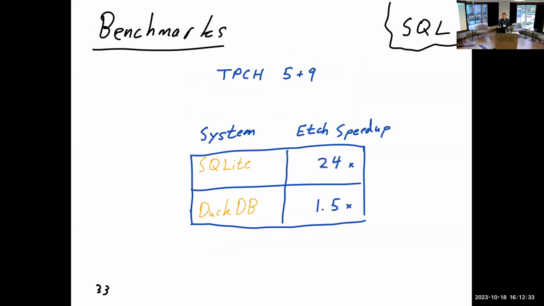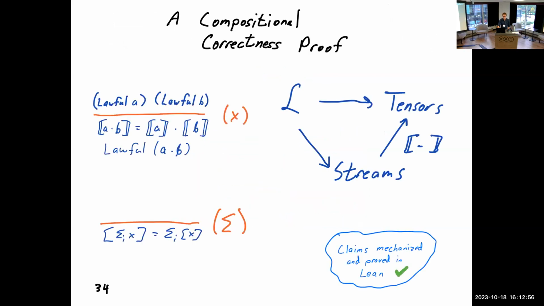And then on some relational algebra queries, we get quite a large speedup over SQLite, which is an interpreted system, and DuckDB, which is a more highly engineered column-oriented database. And I'll also note that if you've seen the worst case optimal join algorithms, we happen to output code that matches their performance. So there are some tasks where you get asymptotically better performance than standard database engines.